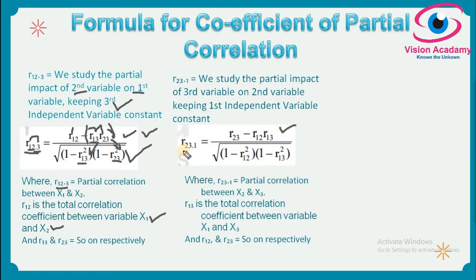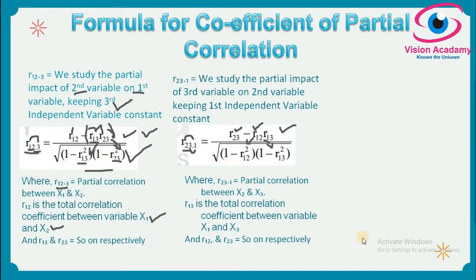Firstly I will consider R23, and for the next I will consider first and last, that is R12, and then I will consider second and last. So R23 minus R12 times R13, and in the denominator the same thing as I explained here. So R12 and R13, both will be squared and the square root taken.